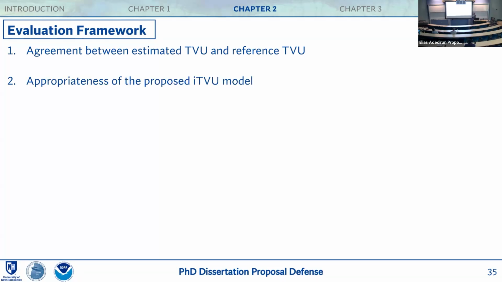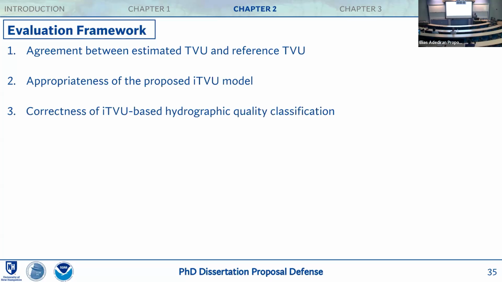That's the first evaluation framework. The second is how appropriate the proposed ITVU model is, which is based on the propagation of variance. The next one is the correctness of the interpolation-aware hydrographic quality classification. How good is this?